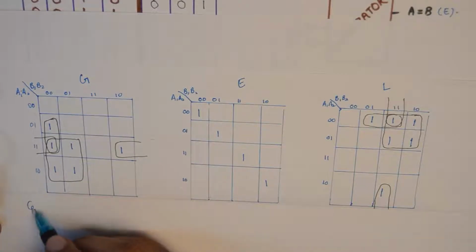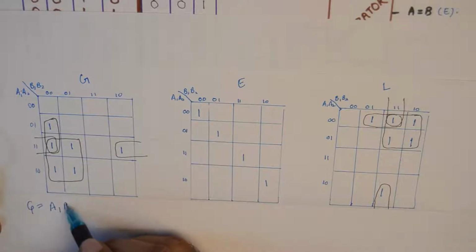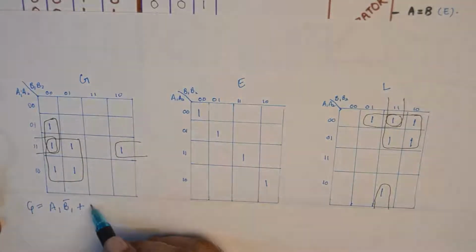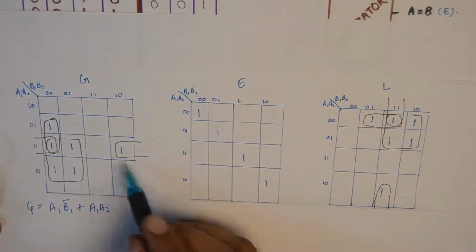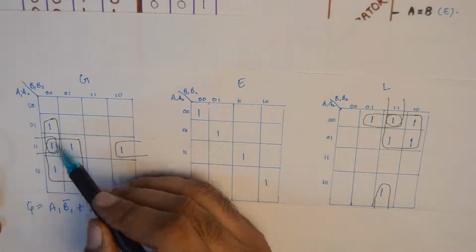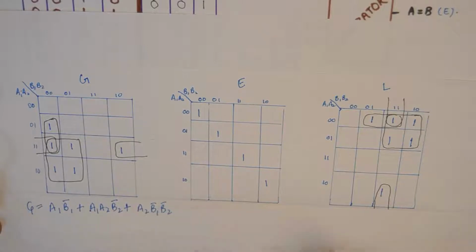So for G, for this one we get A1 B1 bar, plus for these two ones we get A1 A2 and B2 bar, and for these two ones we get A2 B1 bar B2 bar.